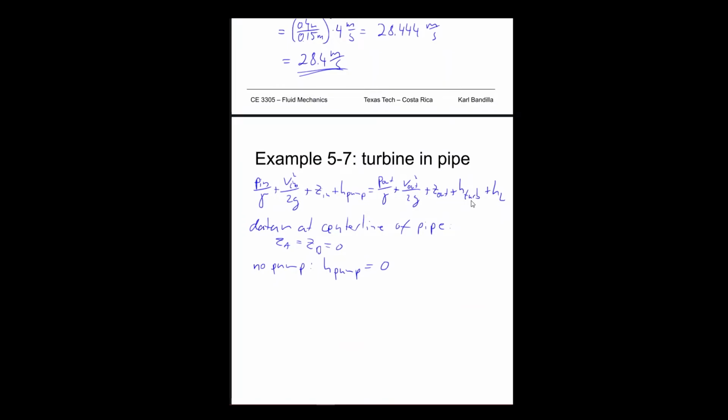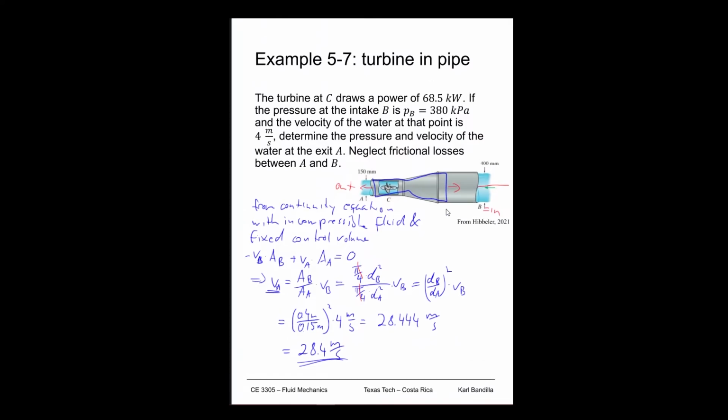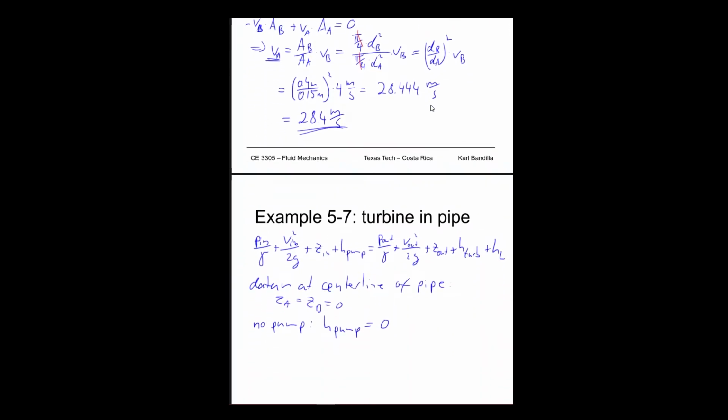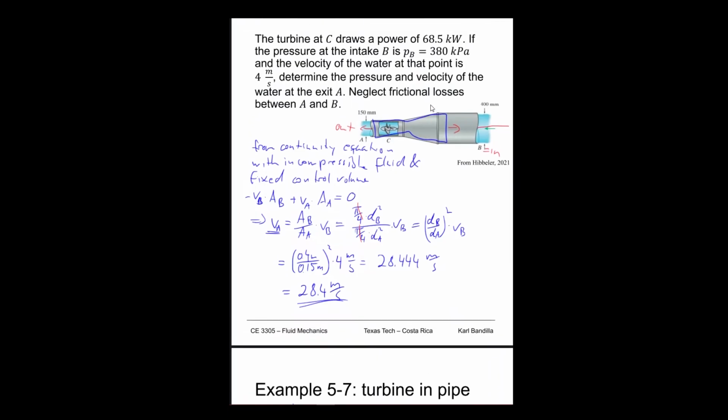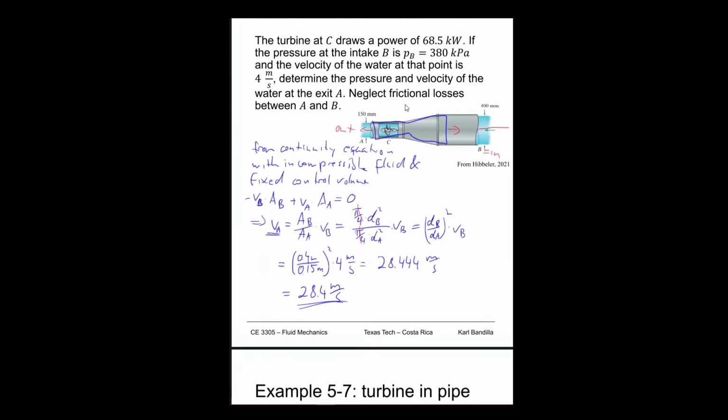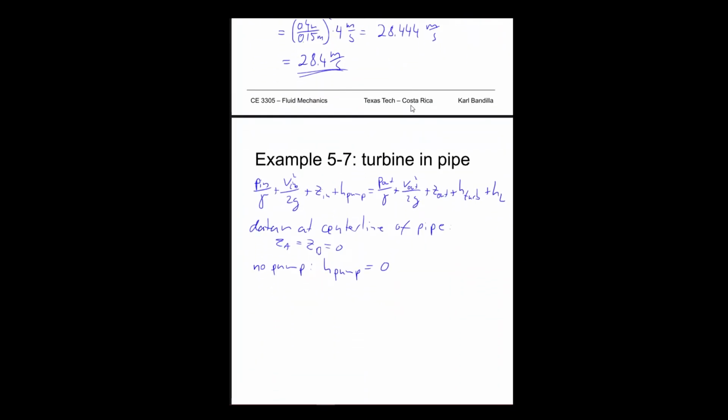Then over here, the turbine, that's what we're trying to find. Oh no, we're given the turbine. Wrong problem. We're given the turbine as 68.5 kilowatts, so we don't really need to do much there. And we're told that there are no friction losses, so that's good. So we can say no friction loss.